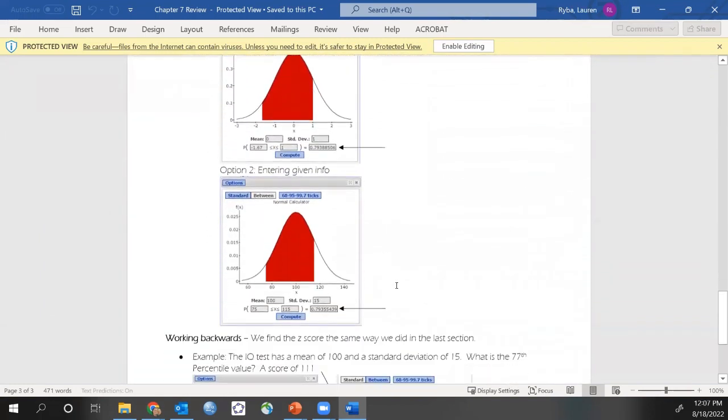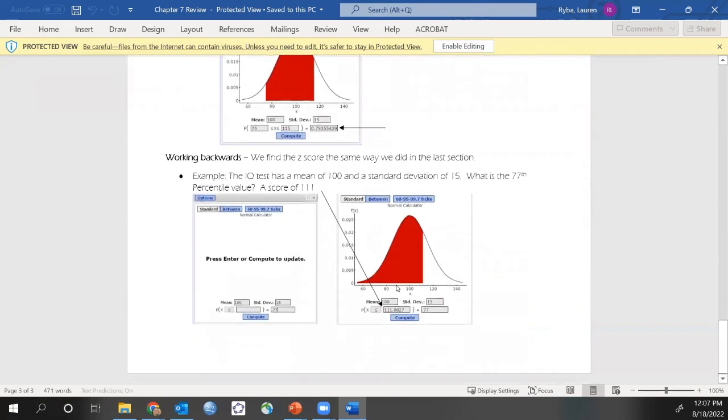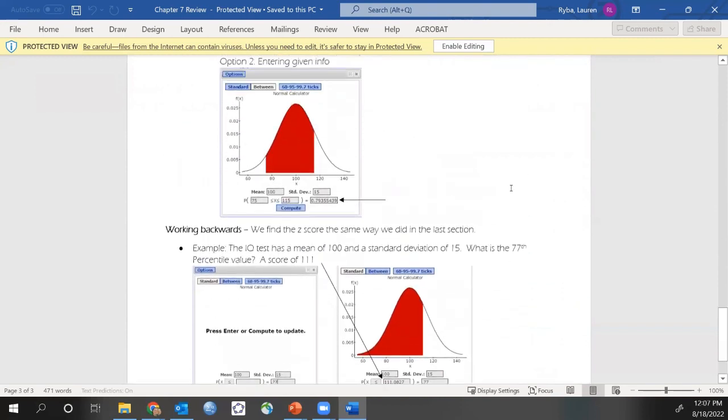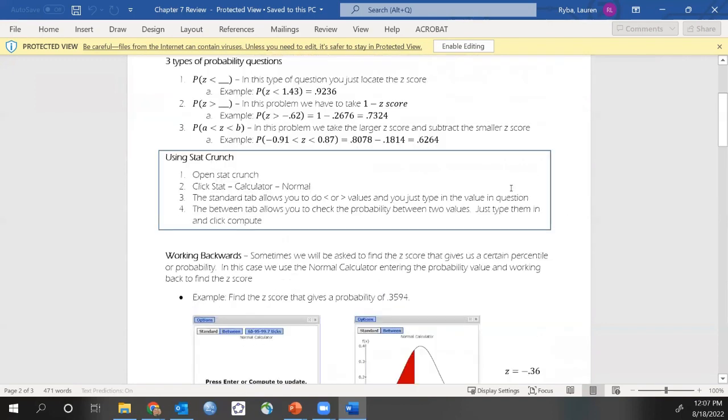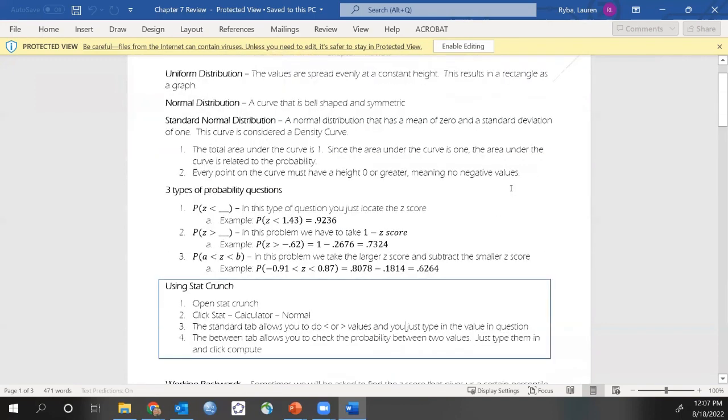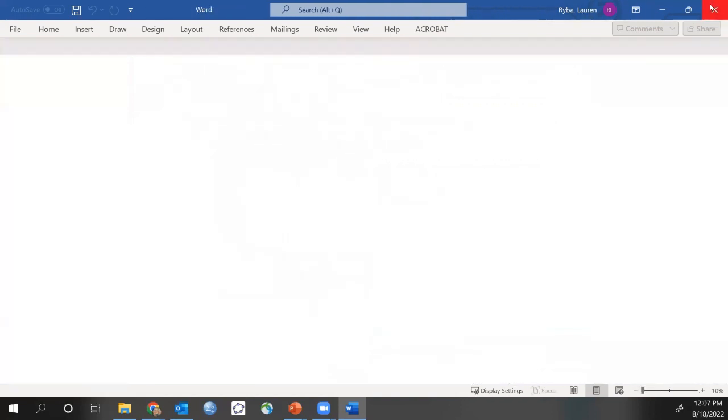Okay, so anytime you get stuck, if you don't remember what goes where, how do you do the specific problem, always go back to these review guides, or chapters coming up for 9, 10, and 11 have a specific StatCrunch help guide that I've created for you guys. So just remember that those things are there to help you.